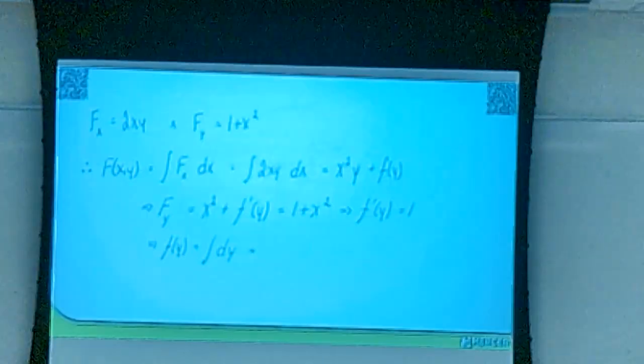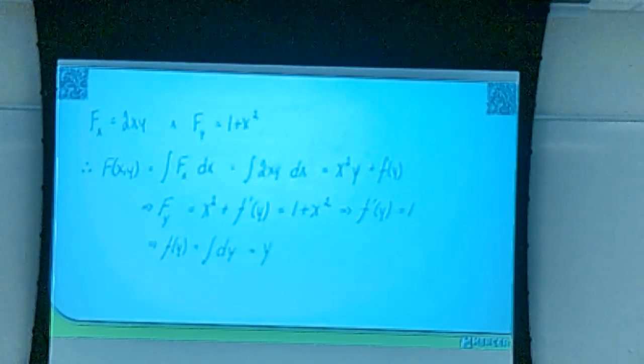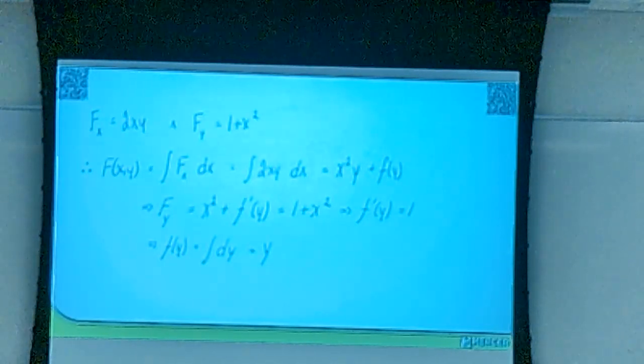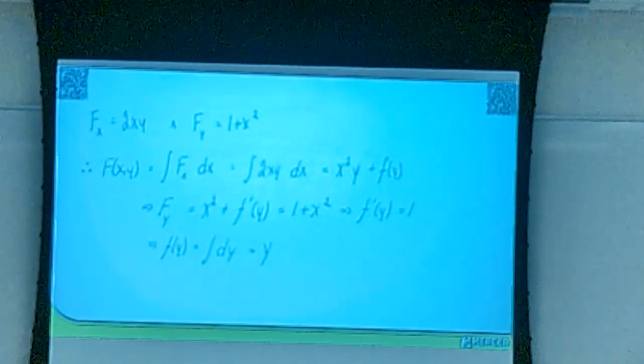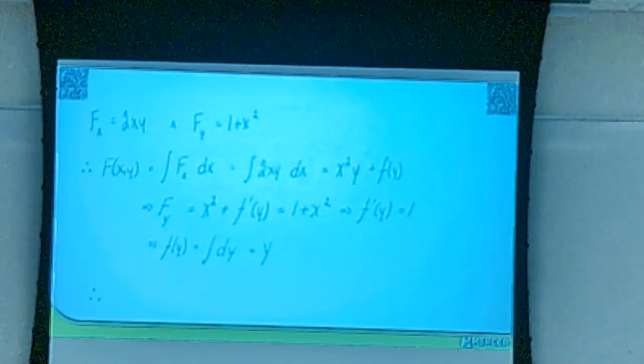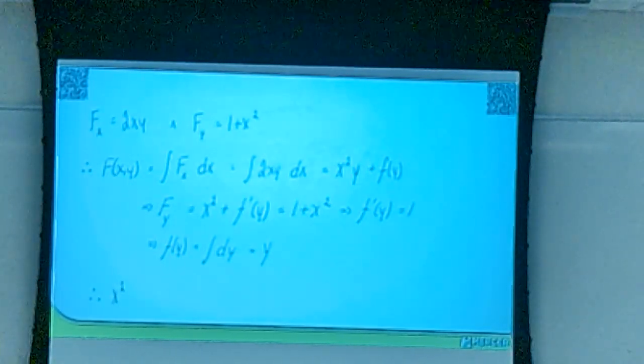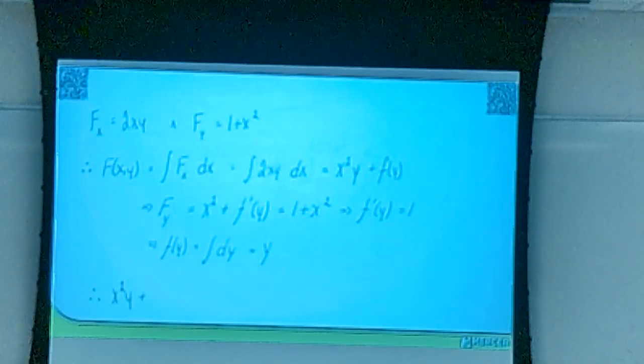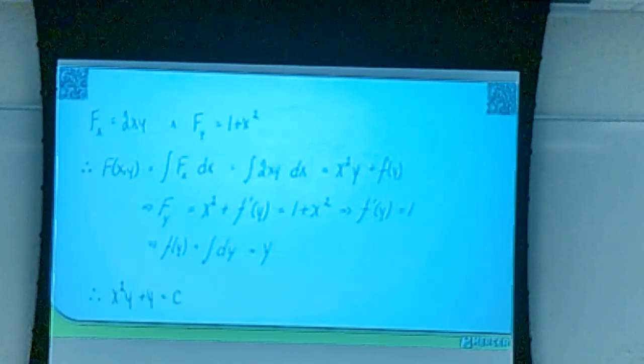Which is just what? Y plus some arbitrary constant, we can ignore that. For this application, we can ignore now that constant of integration. And there is your solution.